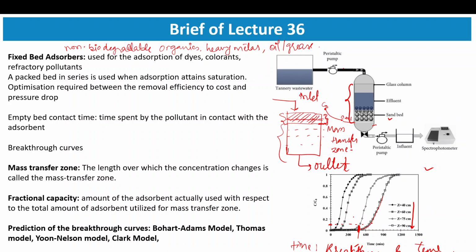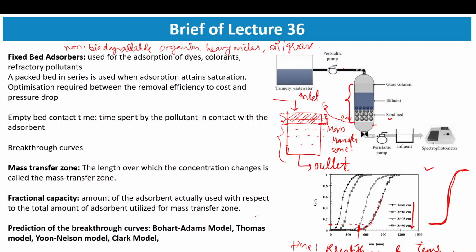So breakthrough time depends on the length or the depth of the bed. Okay, so usually the breakthrough curves are S shaped. Now if the bed is assumed to be the most ideal one, then this steepness will be very high, right?